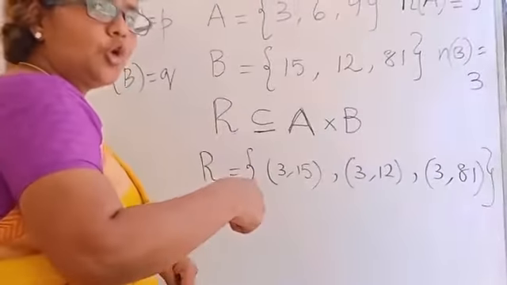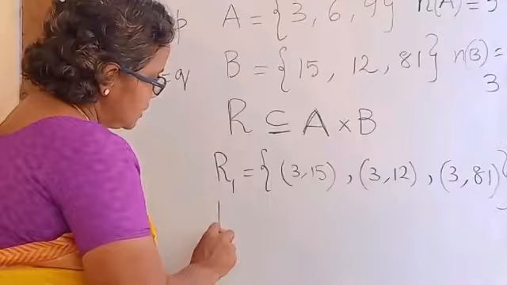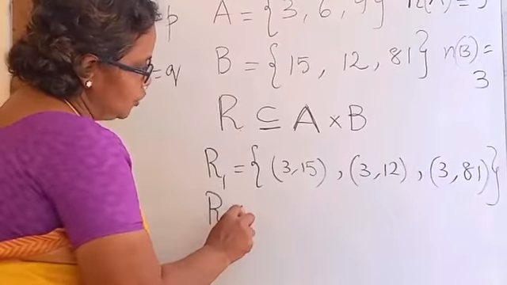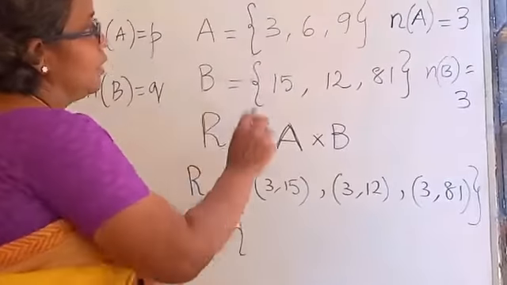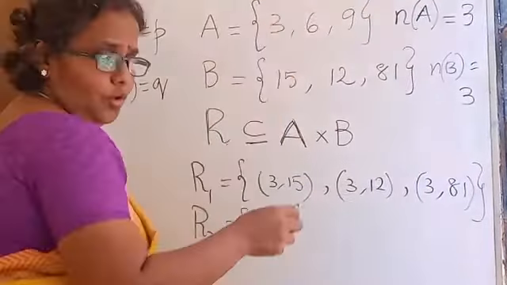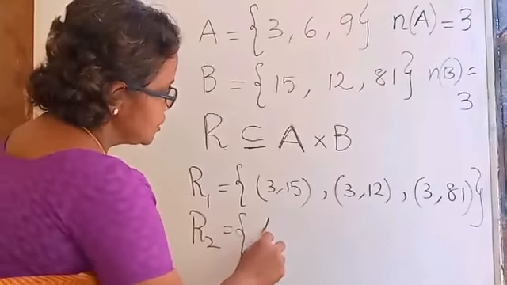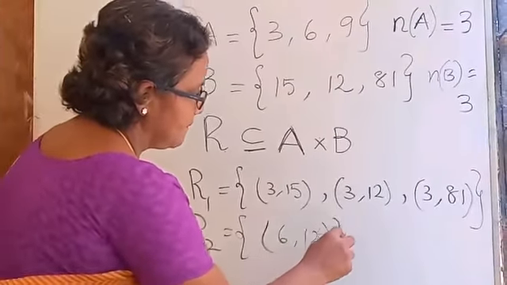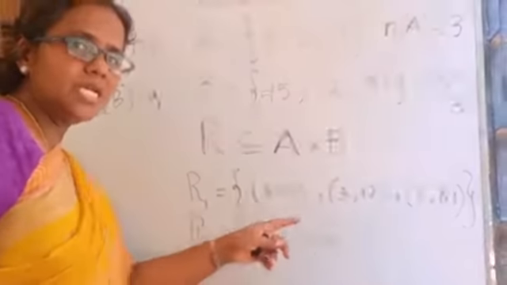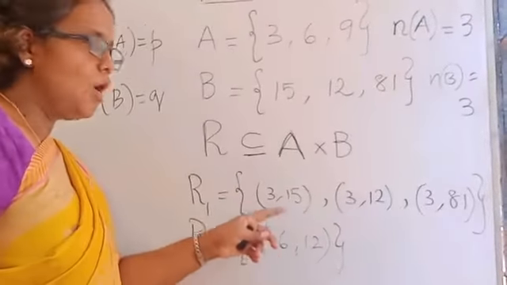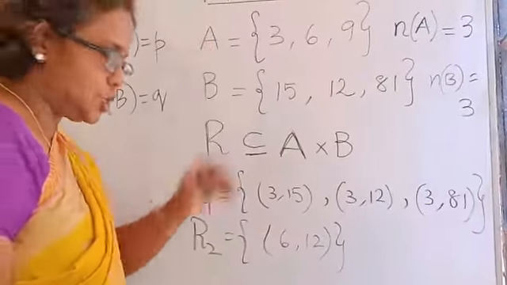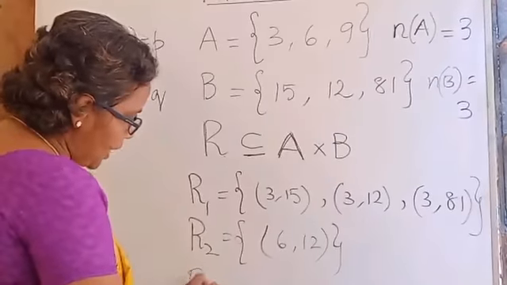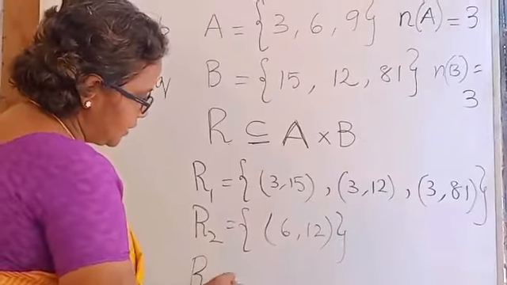Likewise, let me show you another relation. R2. I am going to show another relation. So 6, 12. So this relation consists of only one ordered pair. Let me show you another example, R3.